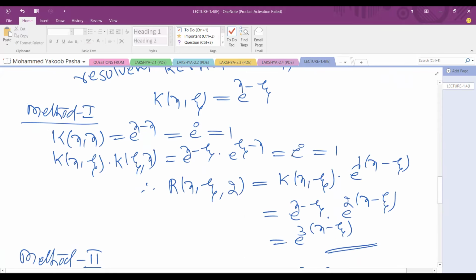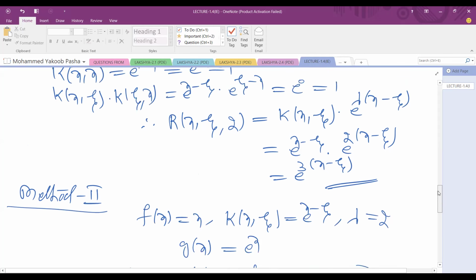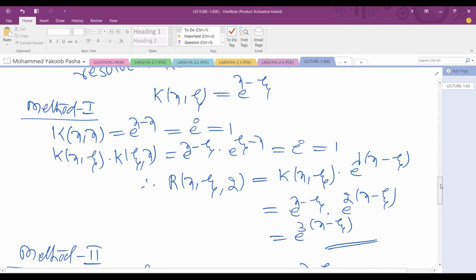For finding the resolvent kernel, if these two conditions are satisfied, you can use the first method. To find the solution, don't use the first method, use method 2. That's why a clear explanation is being given here.